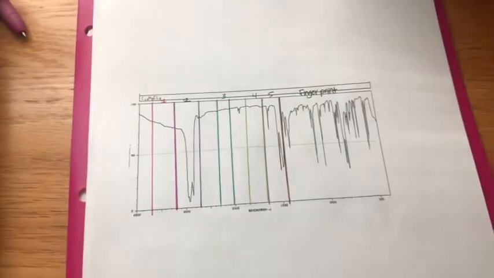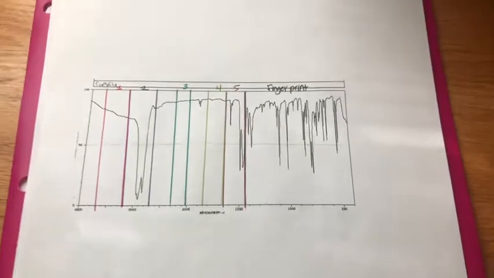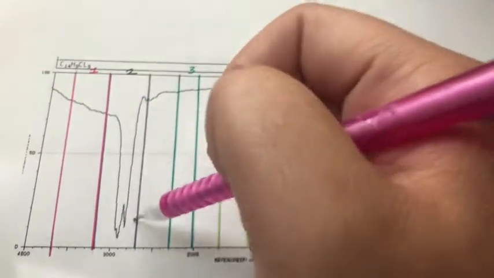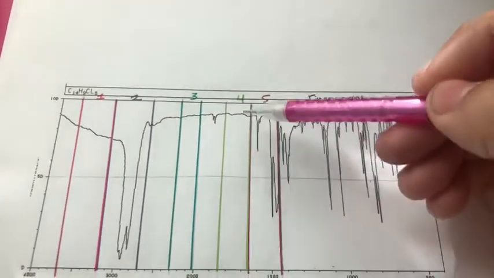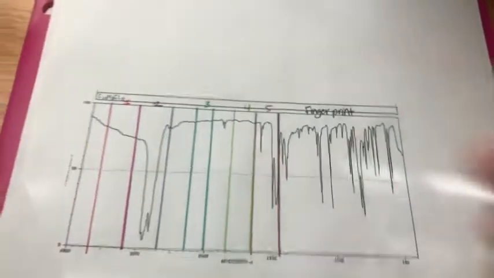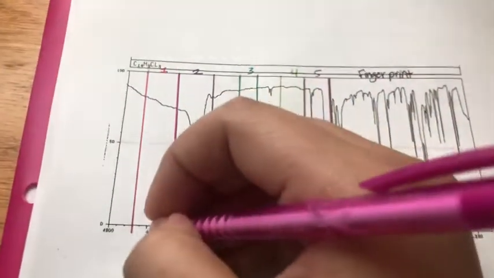Here we have the IR spectra of DDT, and I already have our zones labeled out, where this is zone 1, zone 2, zone 3, zone 4, zone 5, and the fingerprint region. So if we look in zone 1, we don't really have anything.